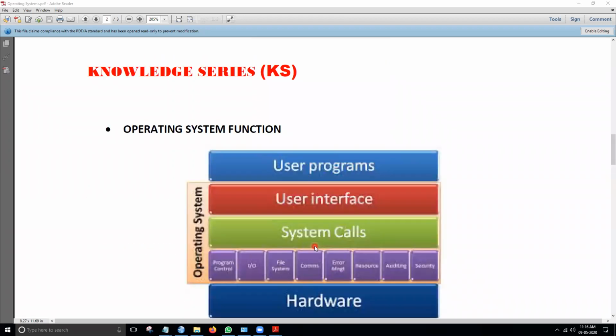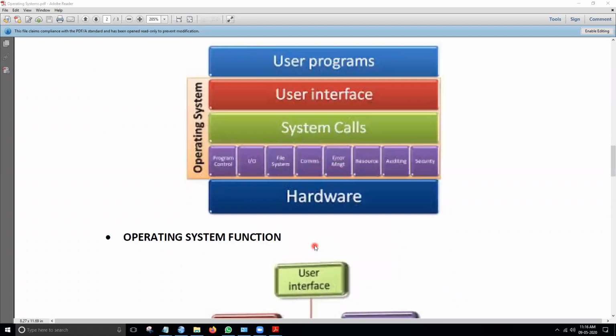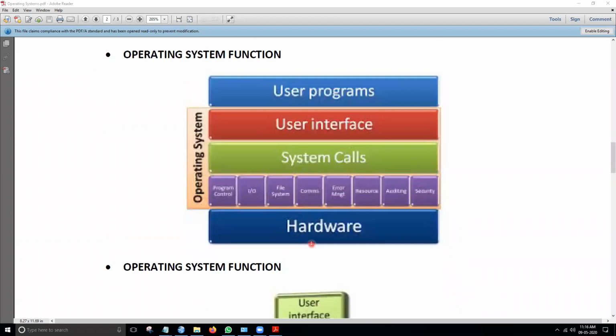Now, coming to the next point of these discussions, when we talk about operating systems, you can see the hardware is there, and you can see the user program and user interface. This particular section is a user level, and this particular area is a kernel level.